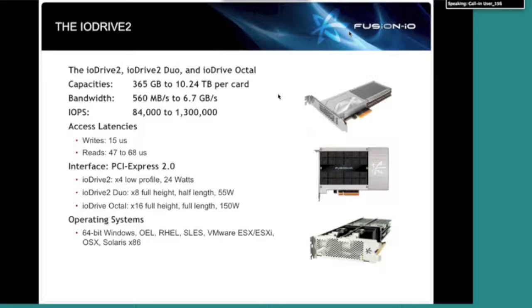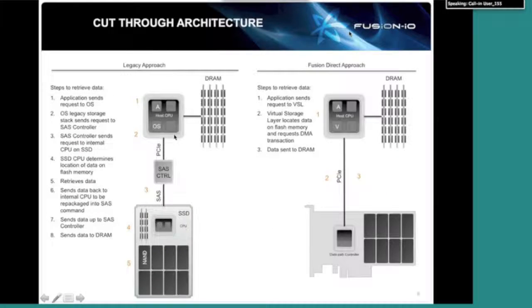ioDrive is basically a PCIe card that sits inside the server delivering this kind of low latency. Today we're going to look at applying this technology to Oracle Database I/O. The reason that we are so fast and completely different than an SSD is explained pretty well in this slide here. In this slide, what we see is what an SSD, or really any hard drive, has to communicate in order to get data into RAM.